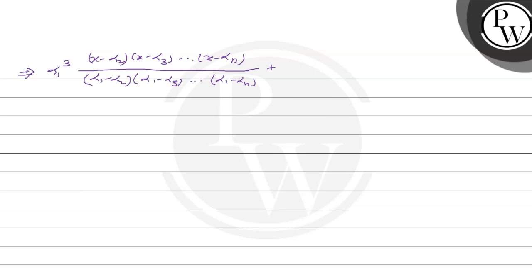Then again you will be getting there x minus alpha 1, it will start from 1, x minus alpha 2, and it will be going on to x minus alpha n, divided by, you will be getting in the denominator alpha 2 minus alpha 1, then alpha 2 minus alpha 3, right?